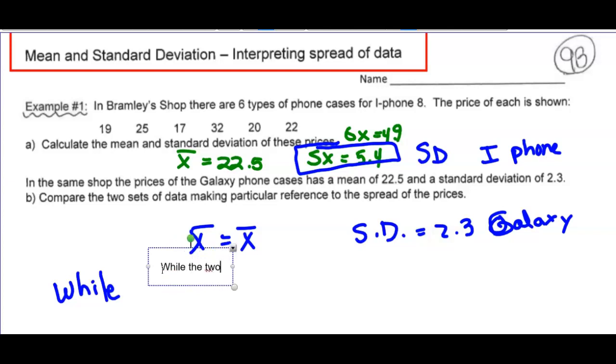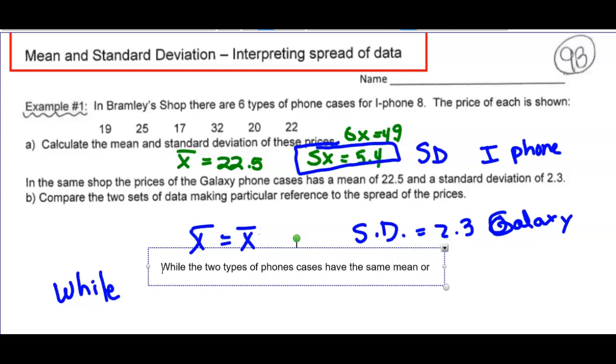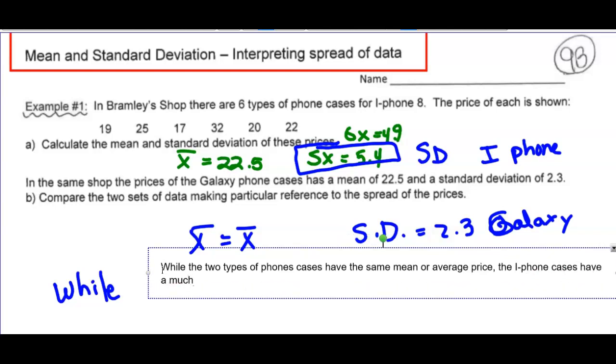While the two types of phone cases have the same mean or average price, the iPhone cases have a much larger standard deviation, indicating the prices are more spread out.